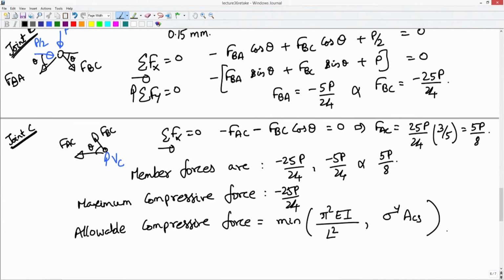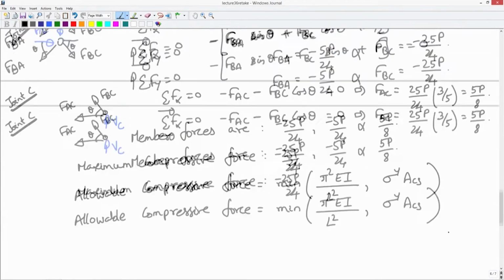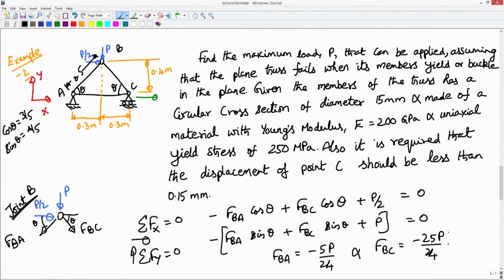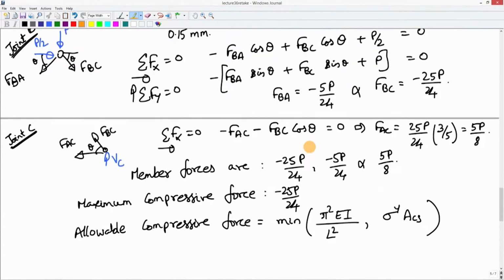In our case it is given as a circular section of diameter 15 mm, made of material with Young's modulus 200 GPa and uniaxial yield stress of 250 MPa.